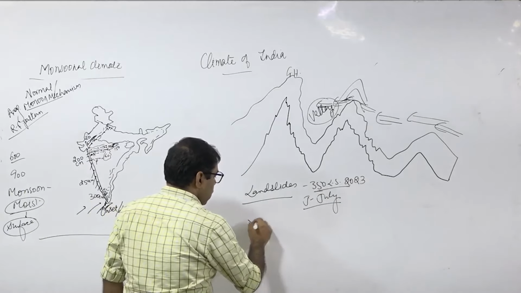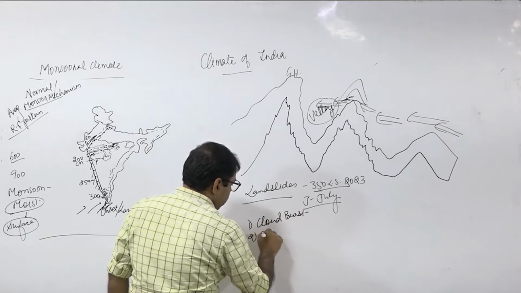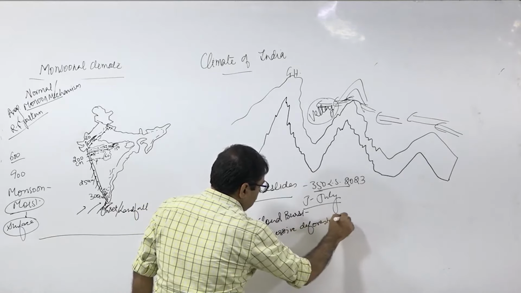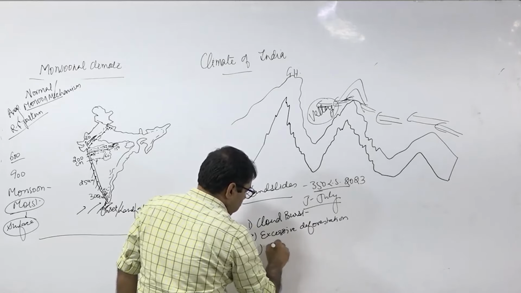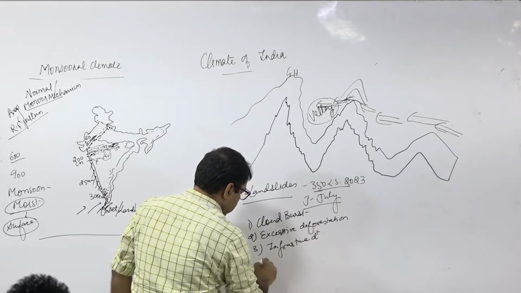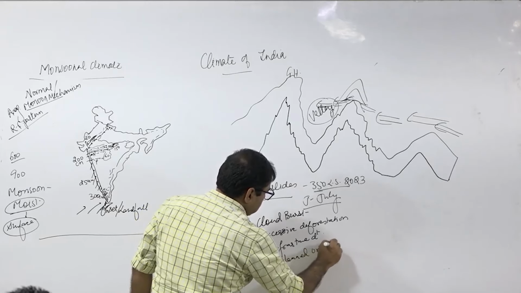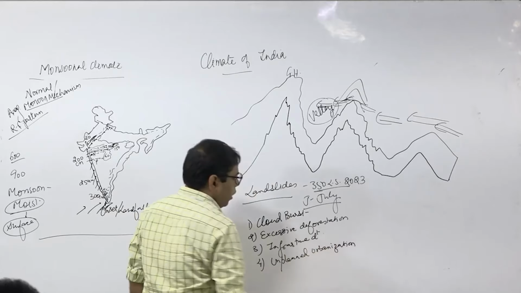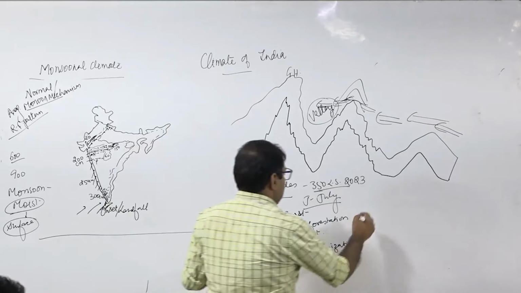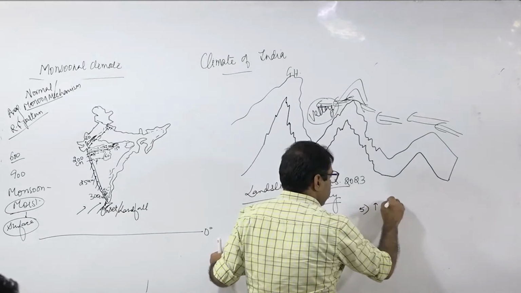Number one is cloudburst. Number two, excessive deforestation. Number three is infrastructure development. Number four, unplanned urbanization, right? Then there is rise in population.